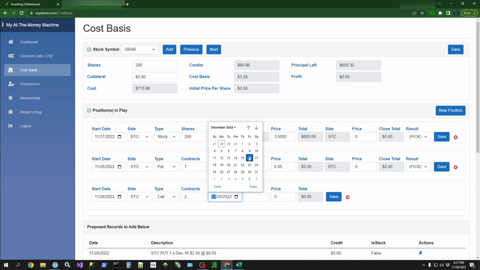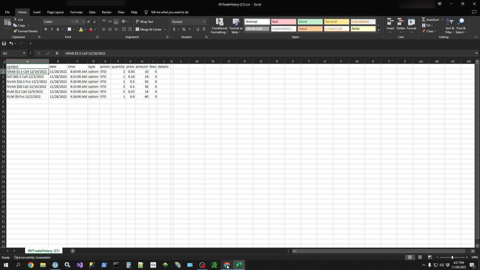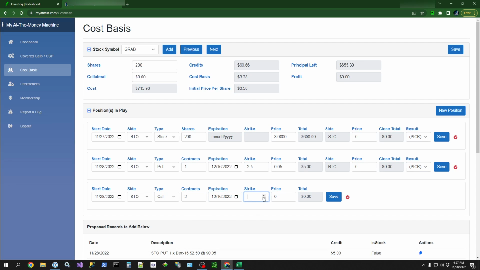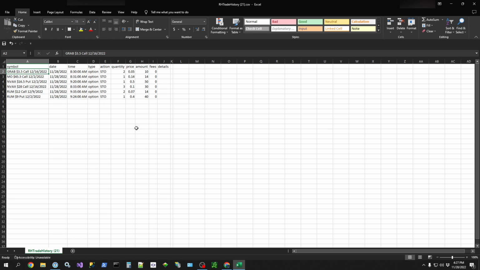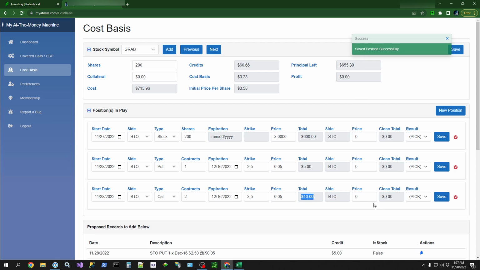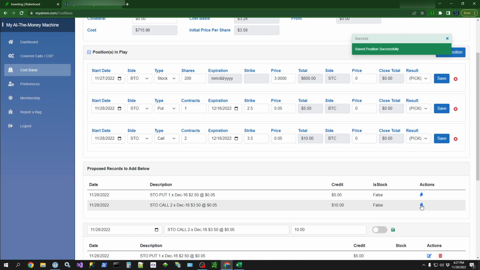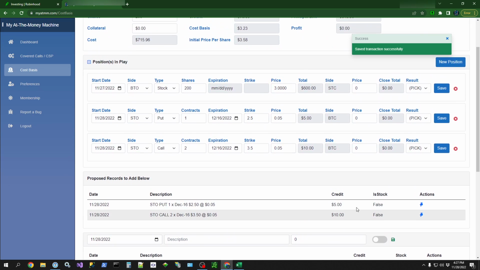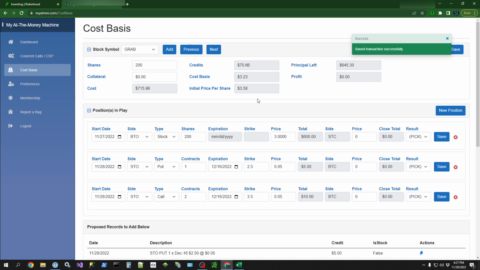The strike was 350, two of them at a nickel each, so we got 10 on that. Save and move it down to retain it. That has been recorded as well.